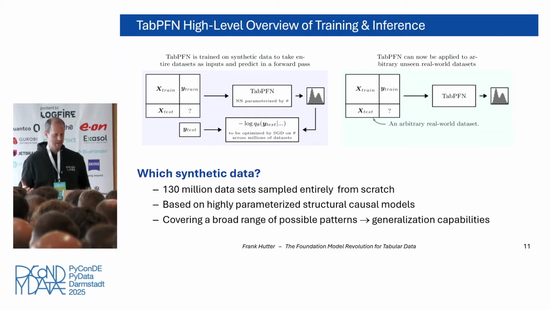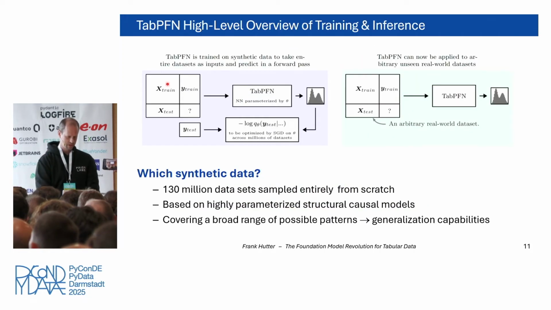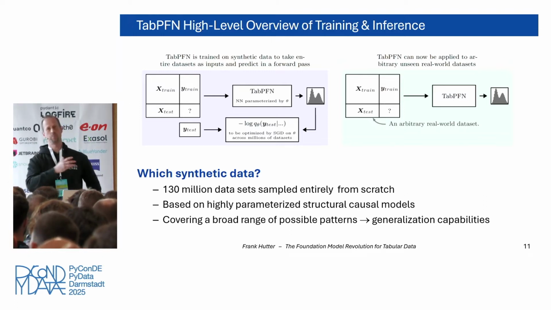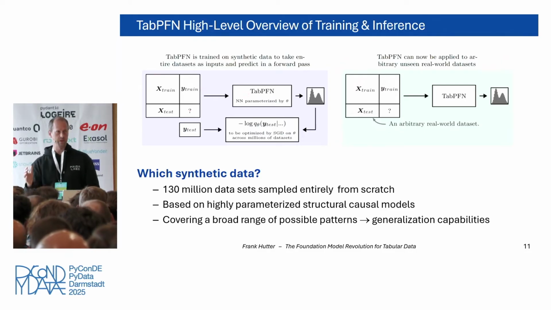So what TabPFN does is it treats a data set as a data point as an input to the network. So you sample synthetic data sets, split them into X train, Y train, X test, and Y test, take the Y test out, and feed this part into a neural network. So it's a set-valued input: X train, Y train, X test go into the neural network.